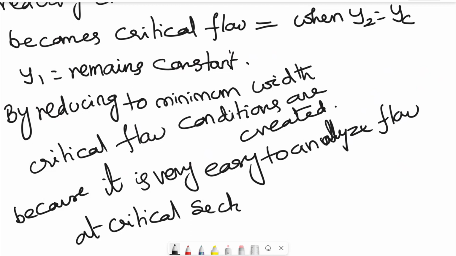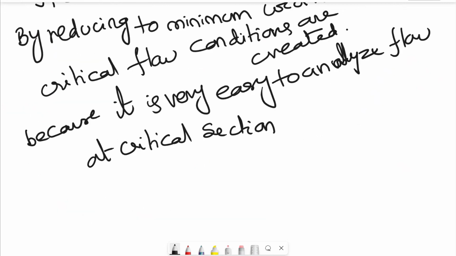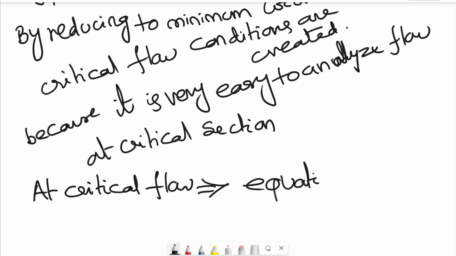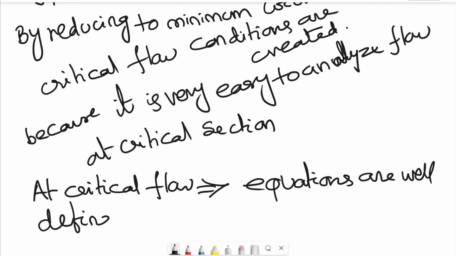The reason being, at critical flow, equations are well defined. So that is why our preference is to get the critical flow.